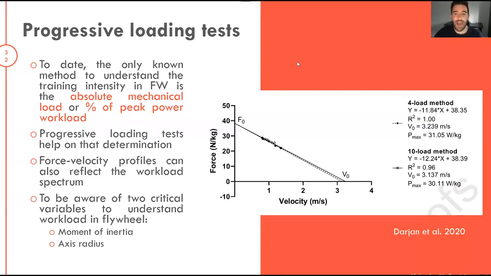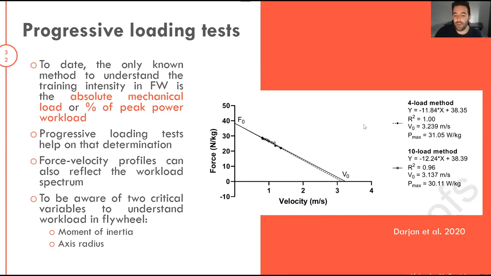So, as you can do using isoinertial loads, you can do progressive loading tests to help in the determination of the external load. At the moment, the only options that we have, at least to my knowledge, are to use an absolute mechanical load or a relative mechanical load, depending on the peak power. Those are the two options that you have to program an exercise.